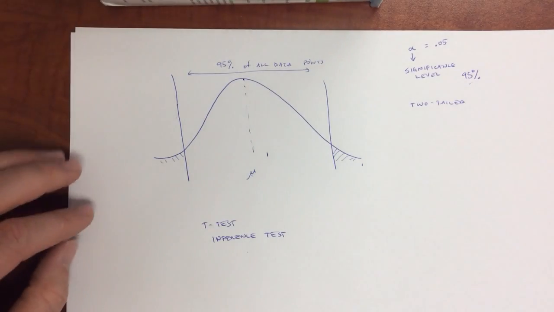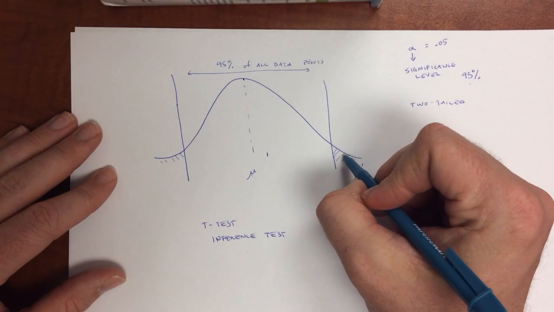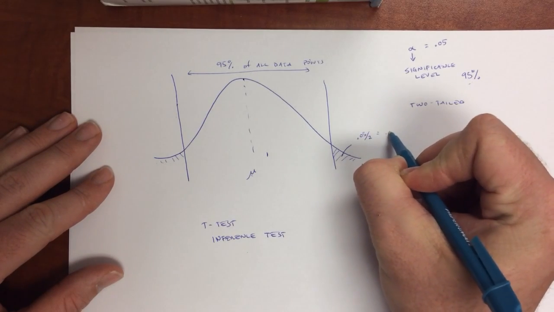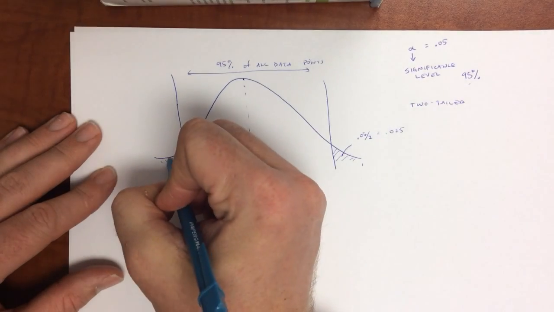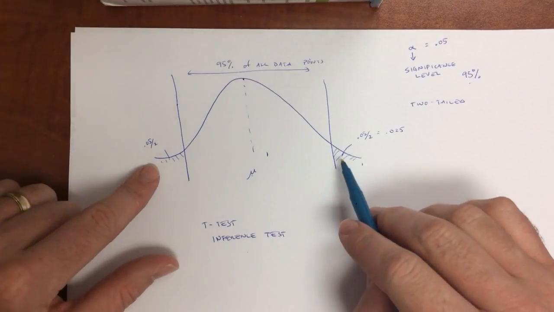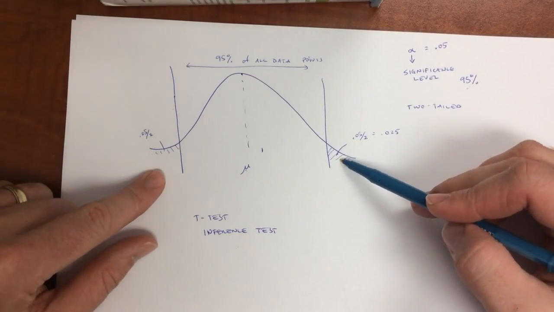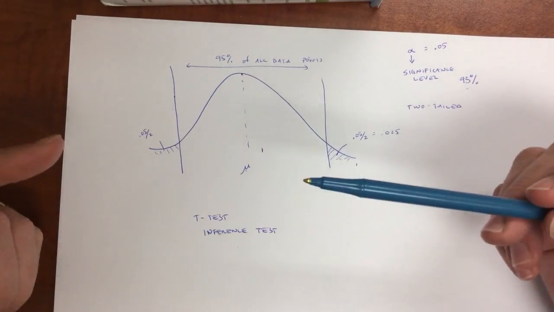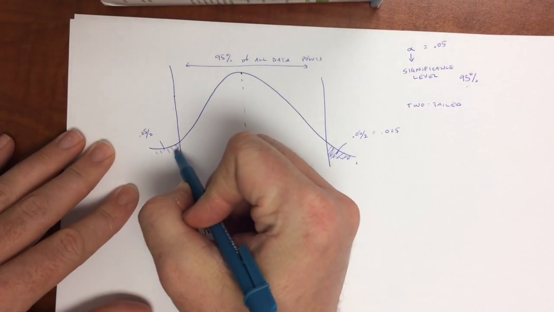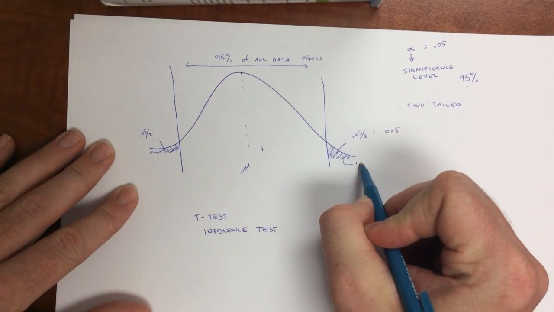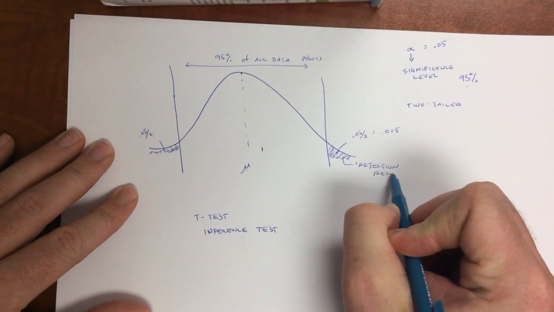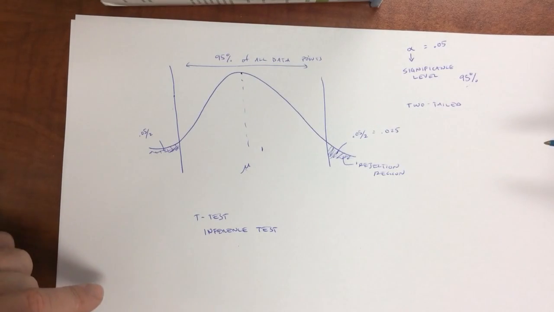Now, because the t-distribution is symmetric, this is going to be 0.05 divided by 2, which is 0.025, and this is also going to be 0.05 divided by 2. So if our estimate falls within this area, right here and right here, we call it a rejection region. If it falls within there, we're going to reject.